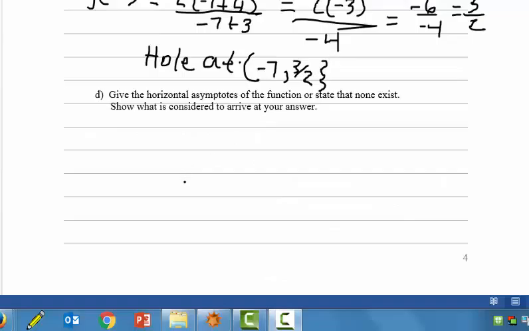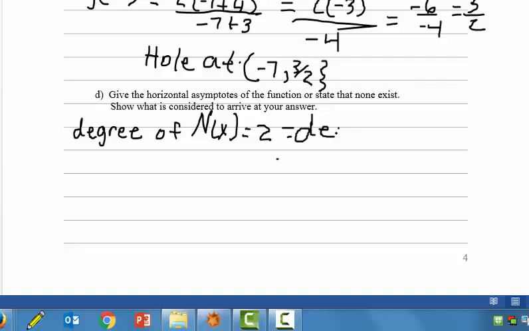Finally, we want to give the horizontal asymptote of this function. Well, we want to compare the degree of the numerator, which was 2, to the degree of the denominator, which also was 2.